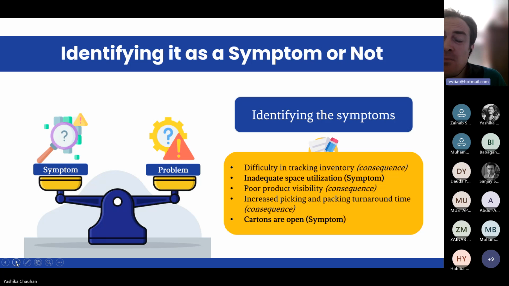But do you recognize that some of the 5 points you put were actually consequences rather than symptoms? If you change the wording, cartons are open, and they should not, then this is not a consequence. Now, what did you engage in the process of root causing?